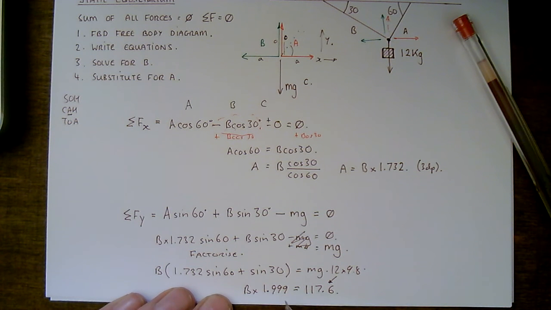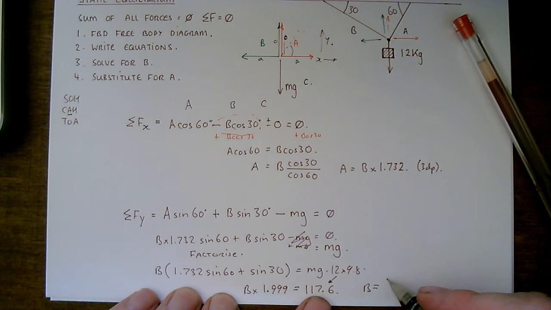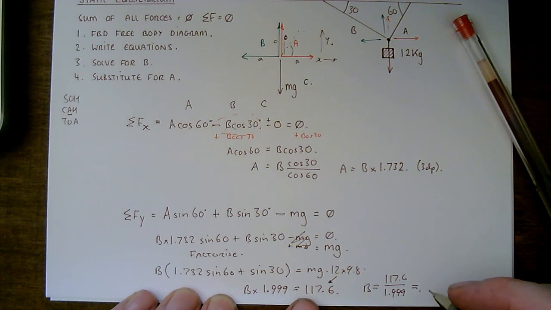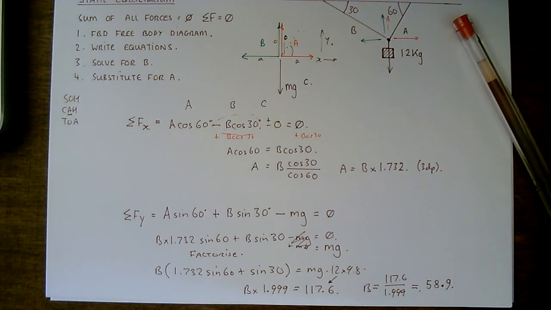So I could go B is equal to 117.6 divided by 1.999 is equal to 58.9.